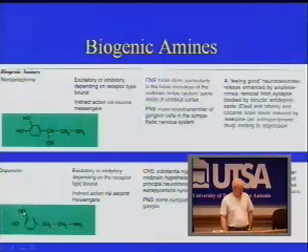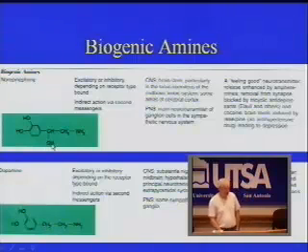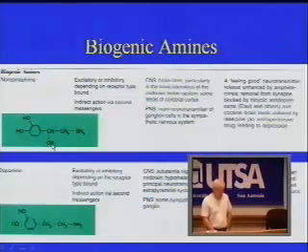So if we have an enzyme that will hydroxylate the beta carbon of dopamine, we would call it dopamine beta hydroxylase. So the enzyme that converts dopamine to norepinephrine is dopamine beta hydroxylase, DBH.